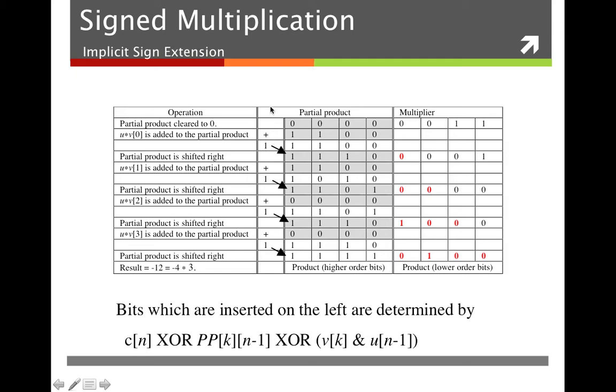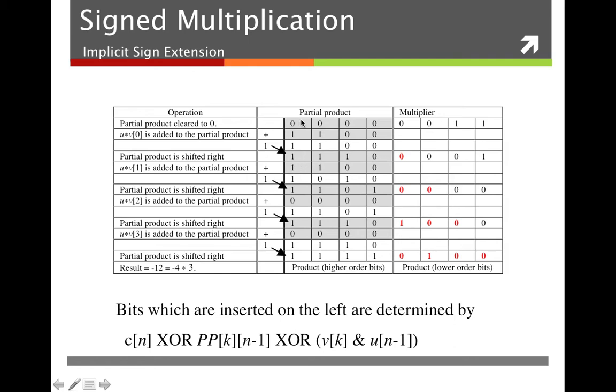1 plus 0 is going to give you this 1 here, and that 1 gets shifted in as we shift our partial product to the right. We learned this technique earlier in the first part of this video lecture. I talked about shifting the partial product to the right being the same as shifting the multiplicand to the left. So this is what's going to happen.